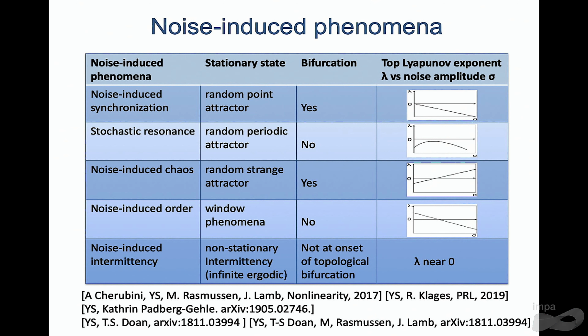So it's the opposite phenomenon to noise-induced chaos. And we also have intermittency. This is proper intermittency, infinite ergodic, non-stationary intermittency, like Pomeau-Manneville, but the critical exponent is different from the deterministic intermittency. So this kind of categorization is possible with random dynamical system theory.